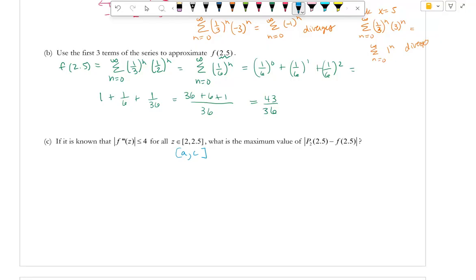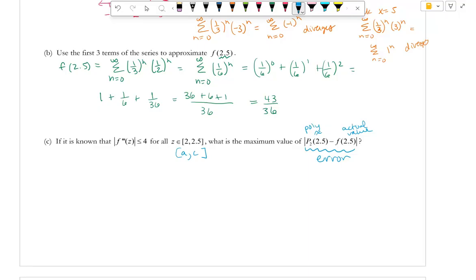We're asked what is the maximum value of this. When we see this, we just have to recognize that this is the error. It's asking us for the maximum value of the difference between our polynomial approximation and our actual value. And that's what error is.